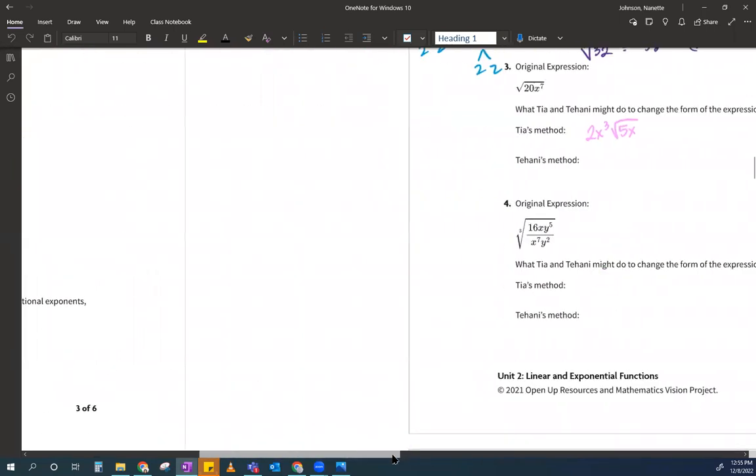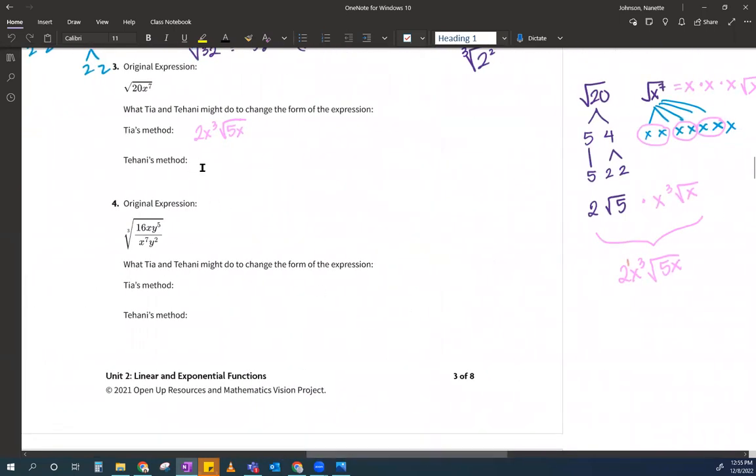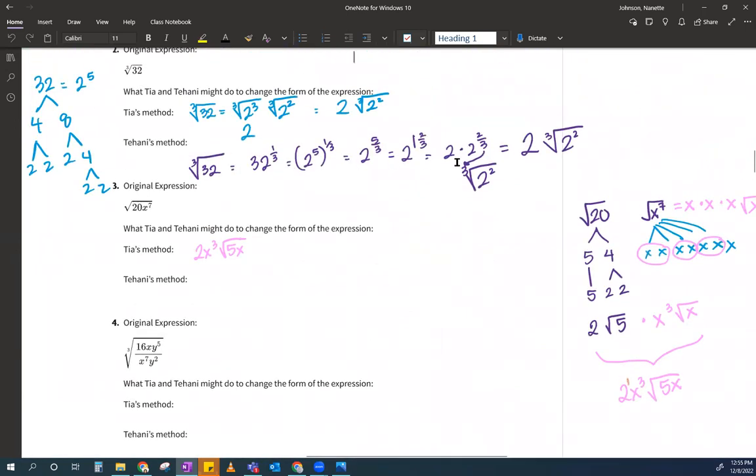All right, very good. So Tahani's method, we're going to go with exponents. So I am going to write it over here. So here we go, 20x to the 7th square root.